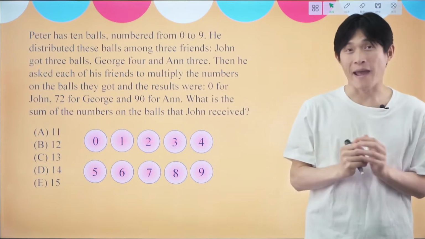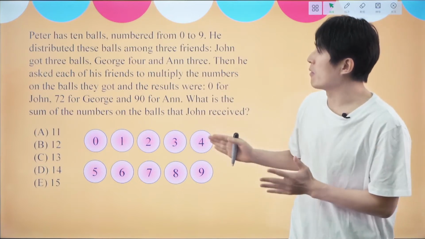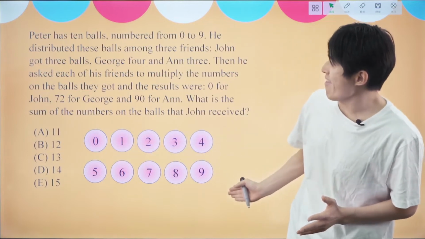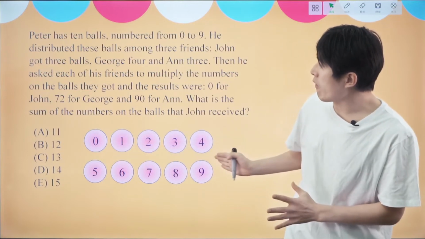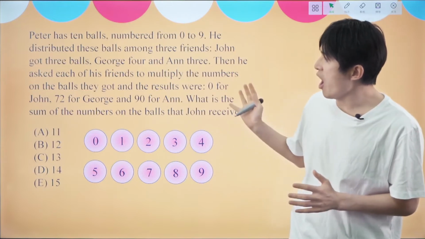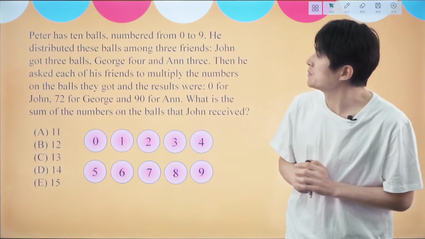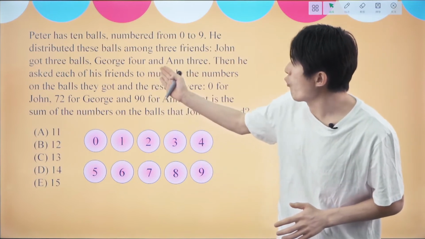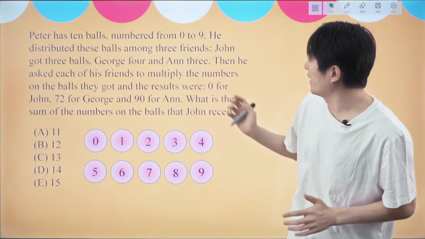Question number 1. Peter has 10 balls, numbered from 0 to 9. He distributed these balls among 3 friends. John got 3 balls, George 4, and Anne 3.